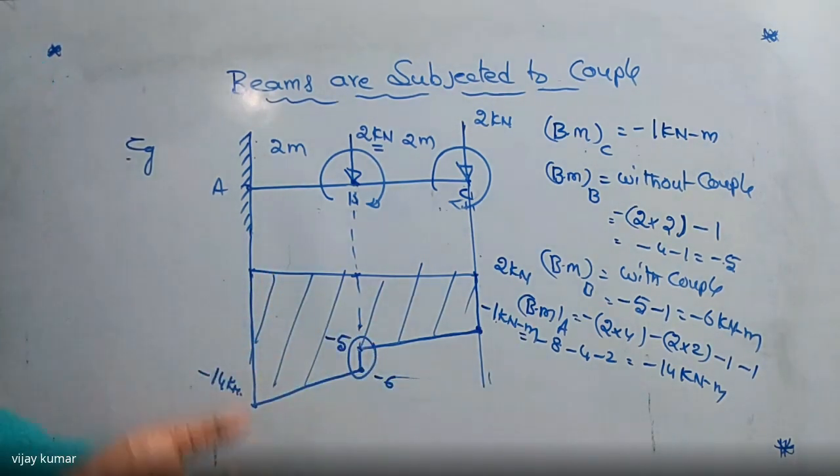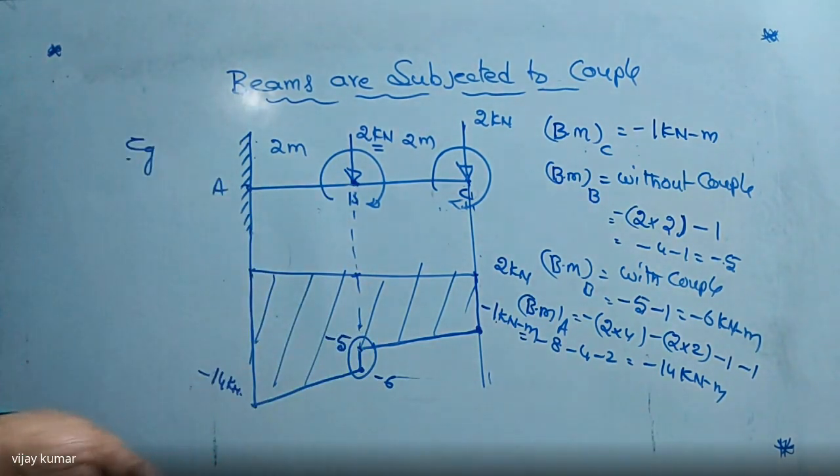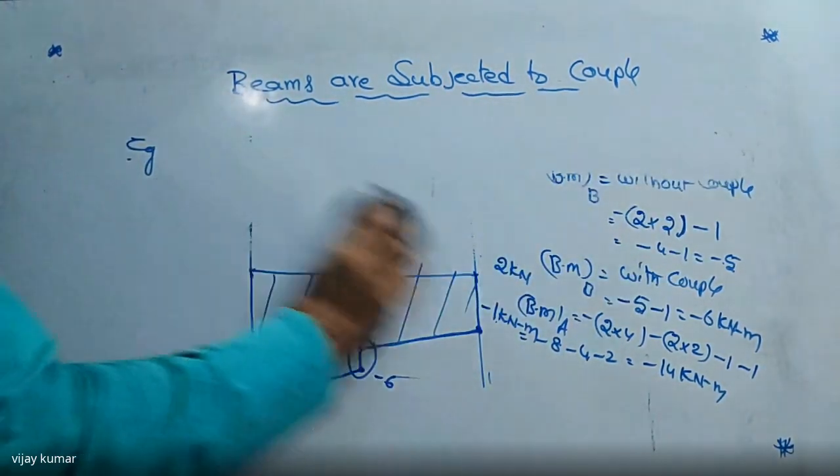I'm going to give one more example, for a simply supported beam when the beam has a couple acting on it. Listen carefully. That is also given in the GATE examination.